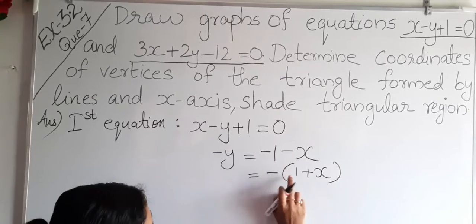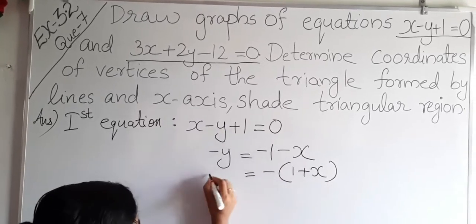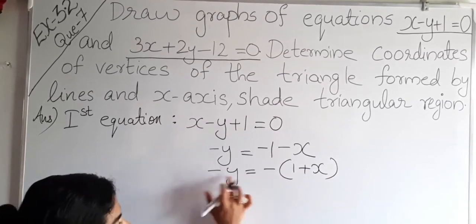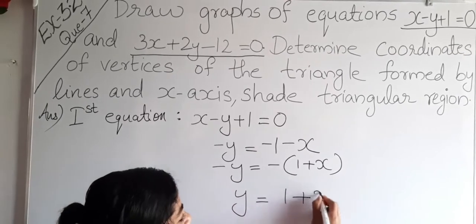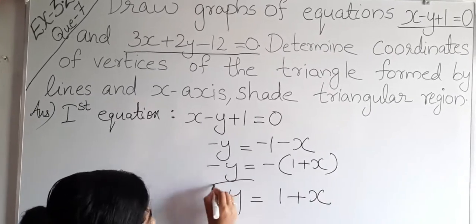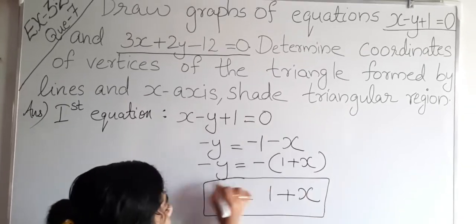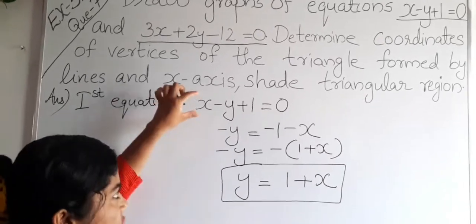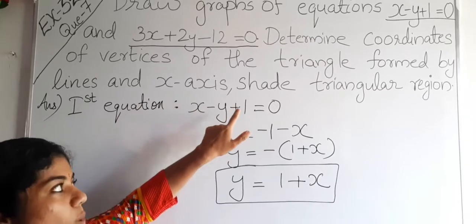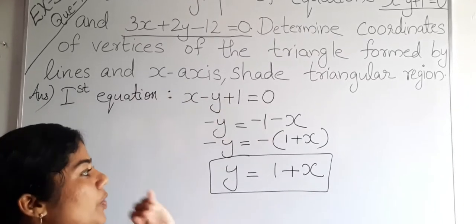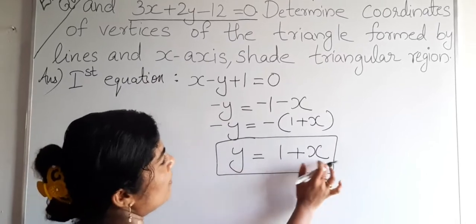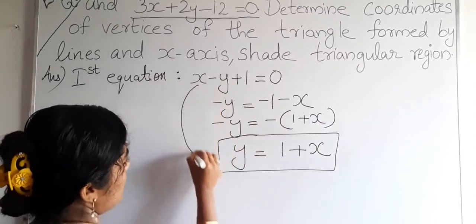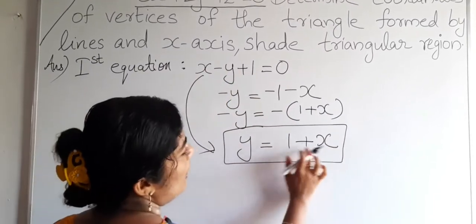Both the minuses will cancel and you will get y is equal to 1 plus x. So from the first linear equation, x minus y plus 1 equal to 0, you got the equation y equal to 1 plus x.